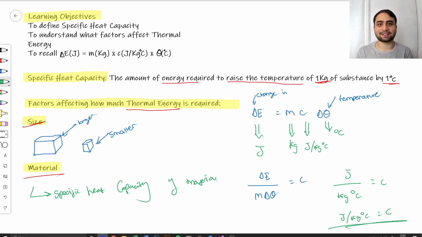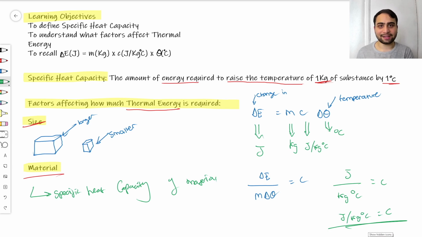So if you ever forget the units for specific heat capacity, you can just rearrange it, figure out the units, substitute them in, and write it like that. Now you understand specific heat capacity, which is the amount of energy required to raise the temperature of 1 kilogram of substance by 1 degree Celsius, and the two factors that affect thermal energy transfer.